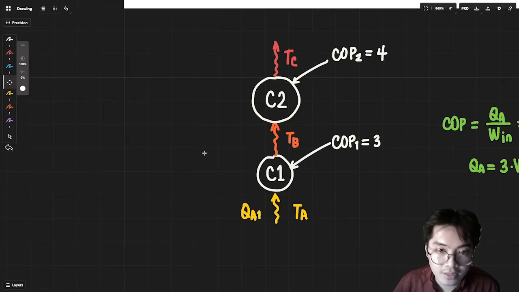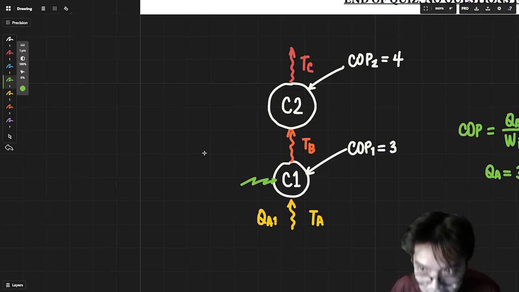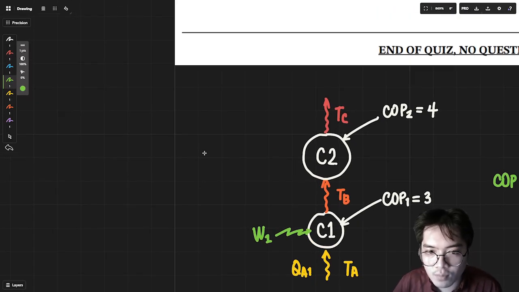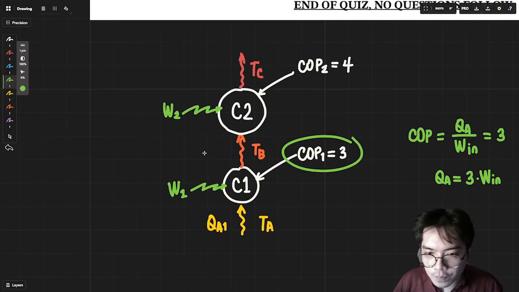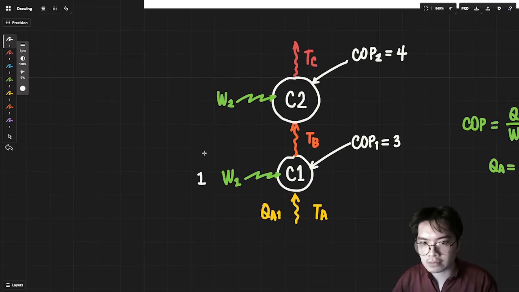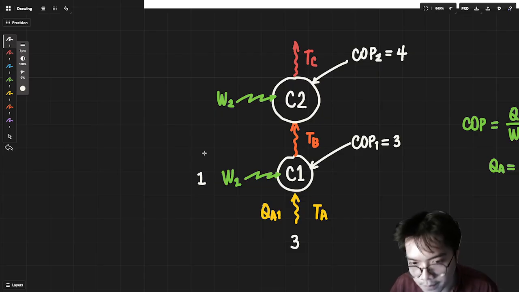What does this mean? Literally, this cycle right here needs to have some work put into it. Let's just call this work 1, and the same way, let's call this work 2. Now, if the COP of this is 3, and the amount of work I put in here is 1, then it makes sense that the amount of heat it will absorb is 3.